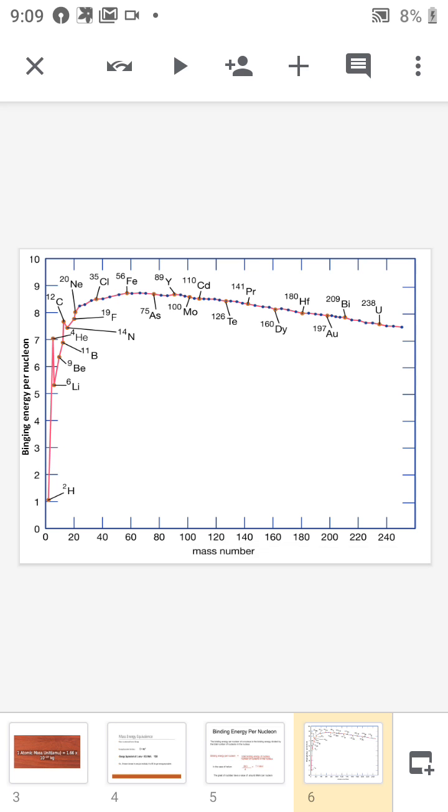So 8 million electron volt is the stable nucleus, and from that, the stability of the nucleus is a little lower. This is shown in the graph. For lithium, the binding energy per nucleon is only 5.2 million electron volt. That means the nucleus is highly unstable according to this concept.